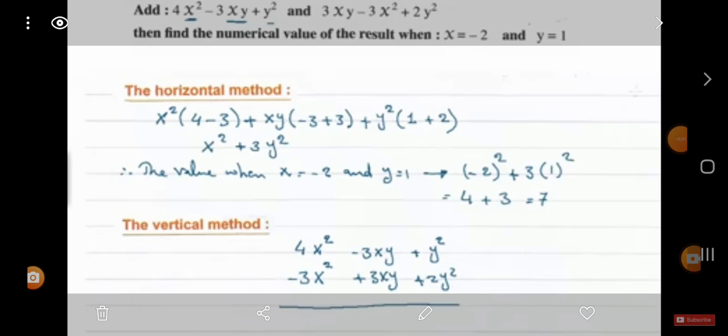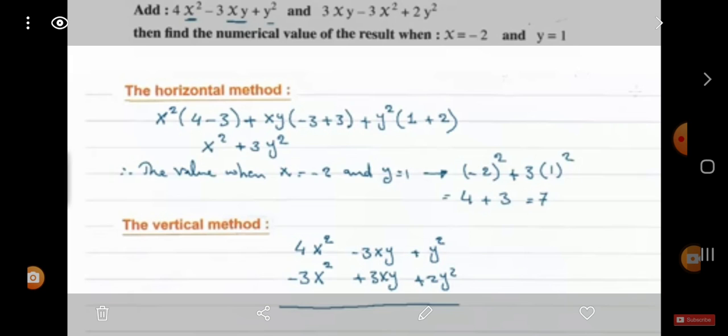Then the value when x equals negative 2 and y equals 1: I substitute x with negative 2, then I put negative 2 squared plus, and substitute the value of y by 1, then I put 3 open brackets 1 power 2. Then negative 2 power 2 equals 4, plus 3 times 1 power 2 equals 3, then the value is 7, then I get the result 7.